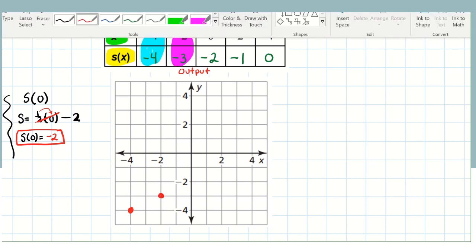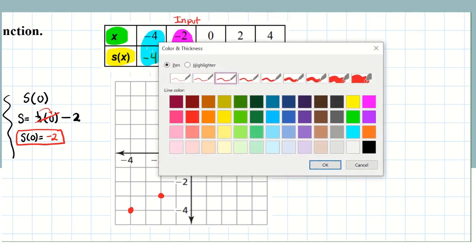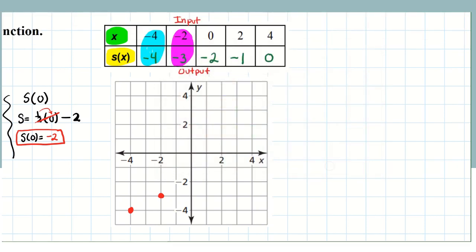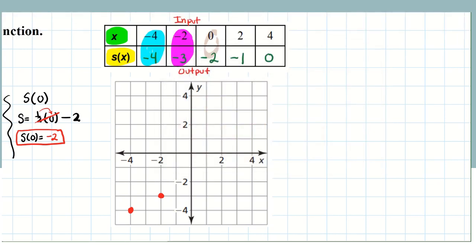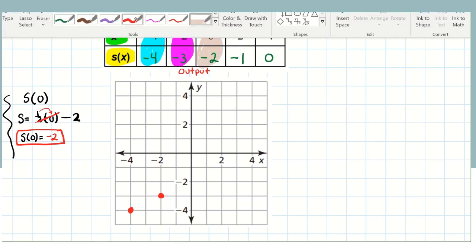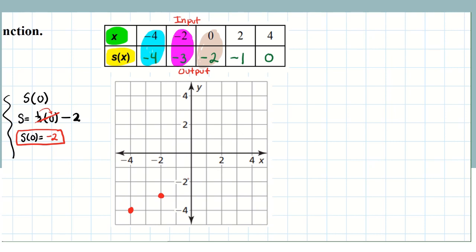The next one will be 0, -2. So we start at the origin, which is right at the center on the x-axis, and we're going to go down to -2.